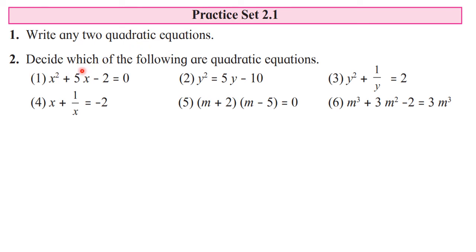Then second one, decide which of the following are quadratic equations. Now here also I am not going to solve all. Here I will discuss the first one, then I will discuss the third one, which is a little bit different. So by using the concept of the third one, you can solve the fourth one also. See, the fifth one we have discussed in the previous lecture.